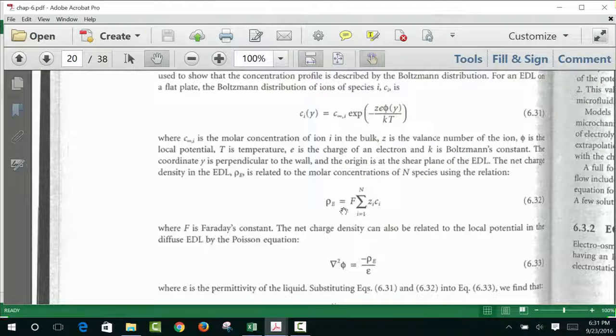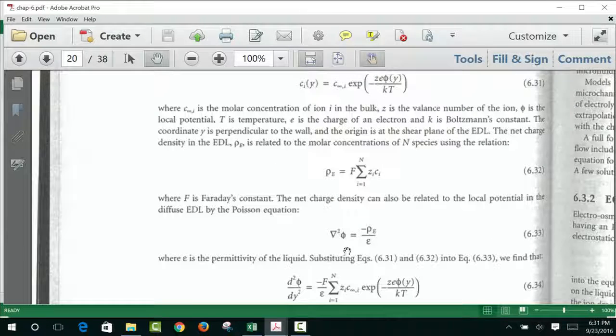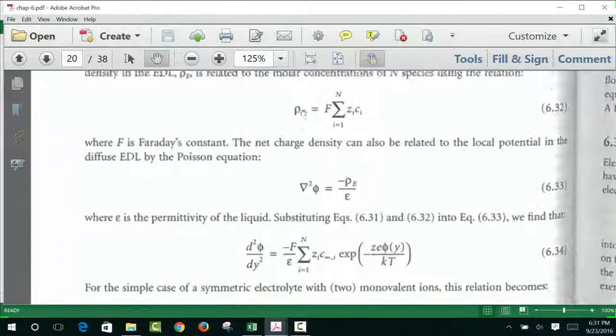So this is Faraday constant, and then this is the valence of each ion, and Ci is the molar concentration of the ion. Right? And so at the end, basically the potential is related to the charge density, which is of course related to the ion concentration. Right? Makes sense.